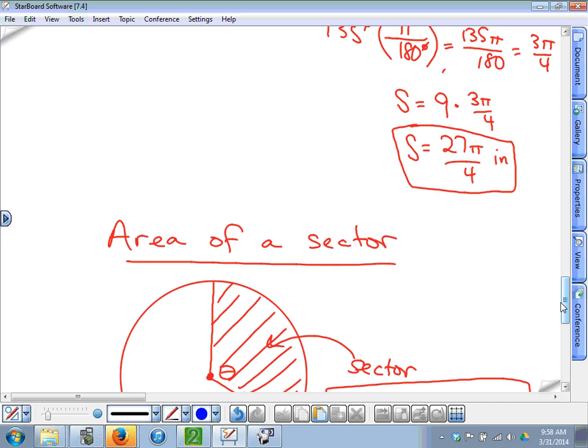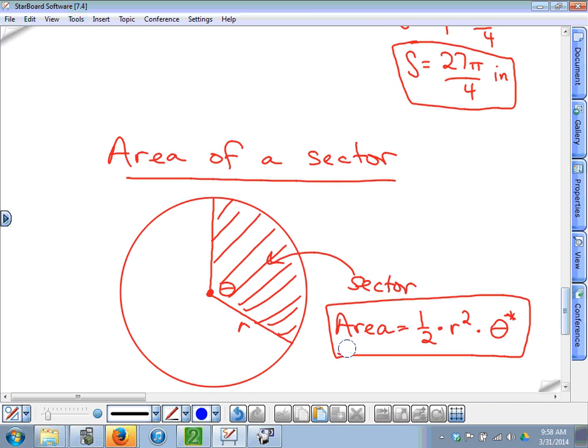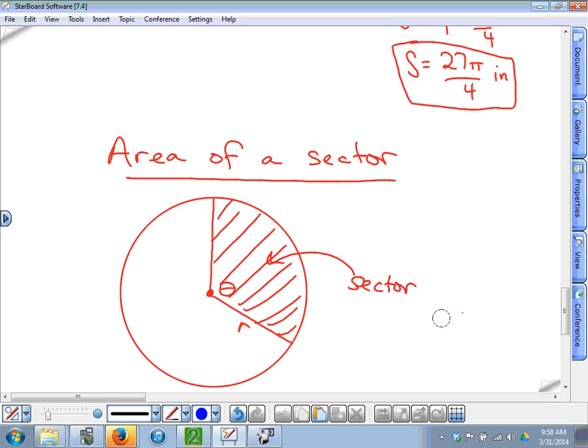The area of a sector. We've talked about arcs, we haven't talked about a sector. So, draw this picture.